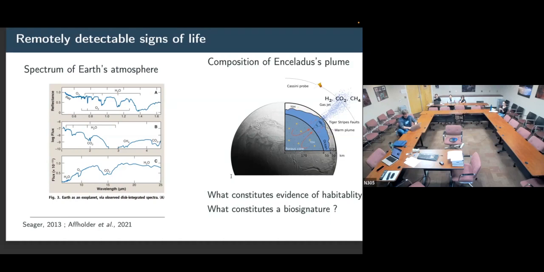So how do we go on and connect those observables to the actual candidate environments? For example, if we're talking about a terrestrial exoplanet, the environment would rather be a liquid water ocean. How do we connect those observables to those habitable environments, and what would we expect to see in those observables if those environments were actually viable to populations or were actually containing ecosystems?